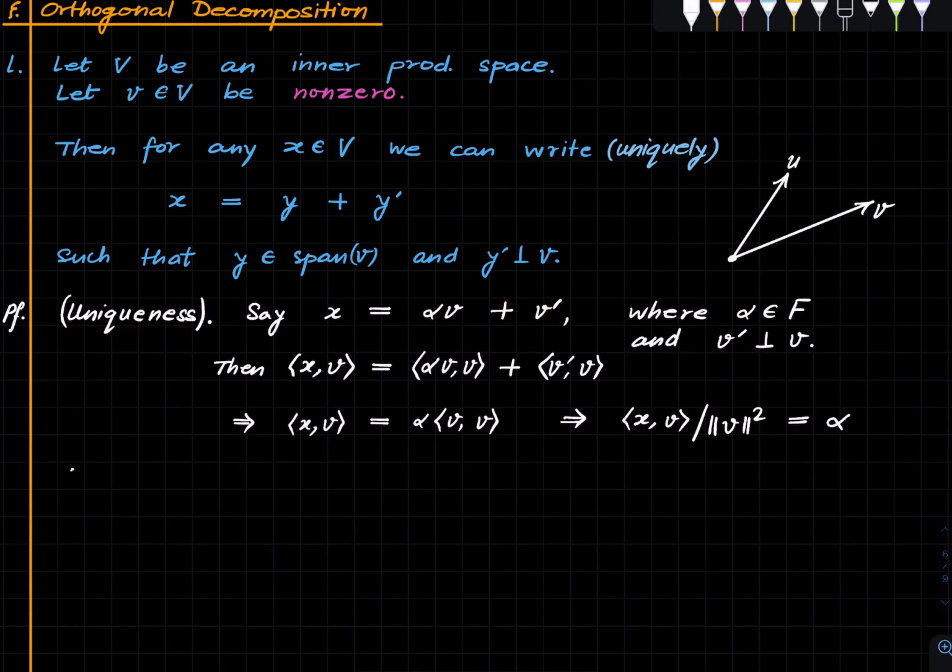So for existence, we will just explicitly write down this decomposition. So just see that x equals (x dot v) over (v dot v) times v, plus x minus that.